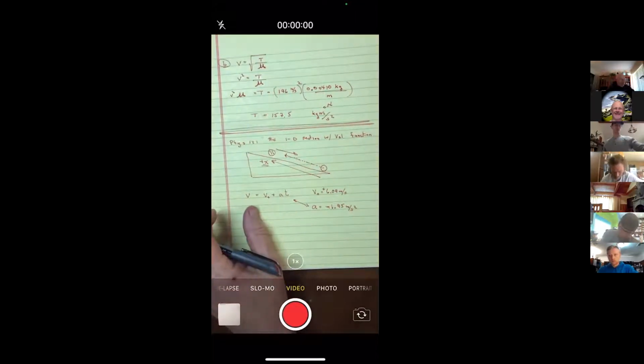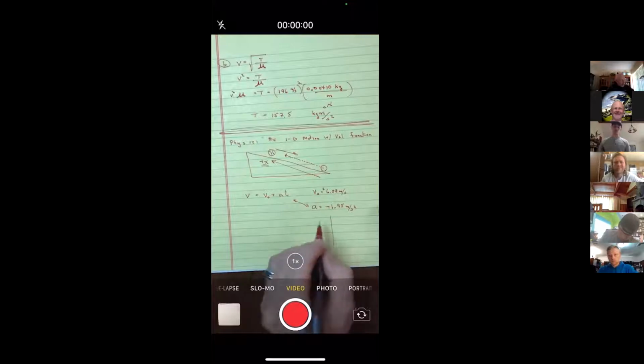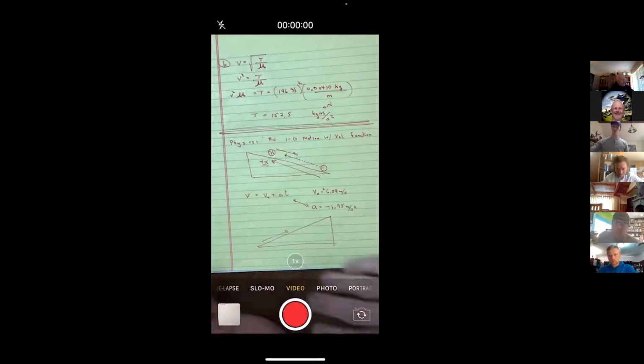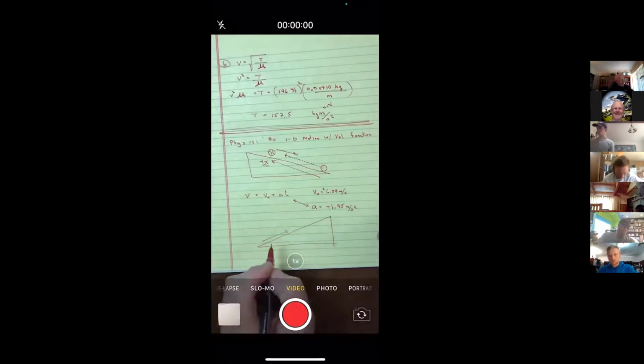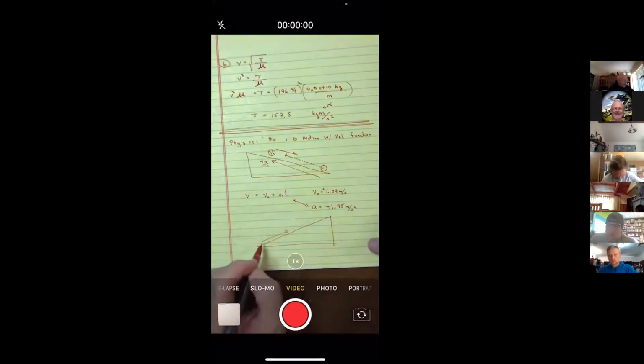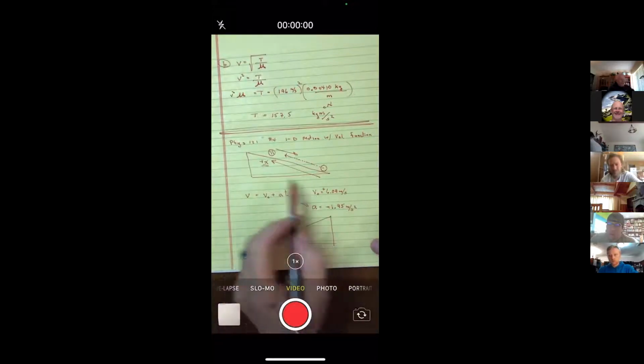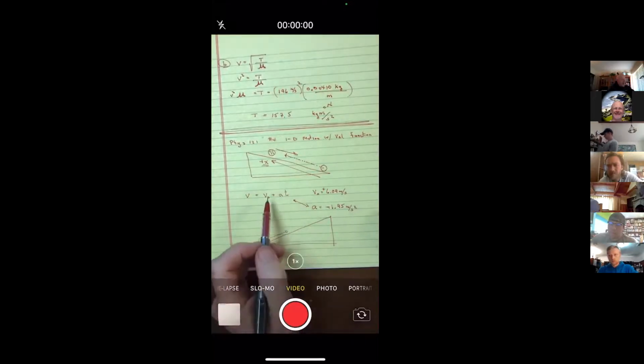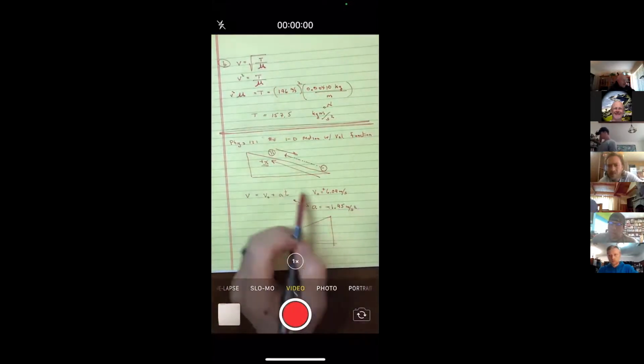It makes me wish that I had drawn my ramp this way because it's a little more to the right and I'm kind of used to having things to the right be positive. So I don't know if you want to change the direction of the ramp in our discussion or leave it alone, but it is important to recognize at this point as you're reading the problem that up the ramp is the positive x-axis.